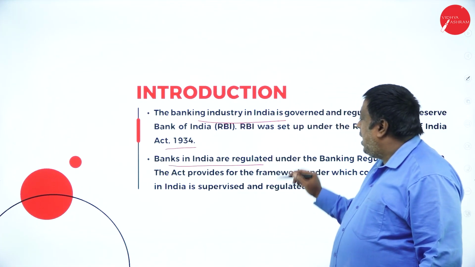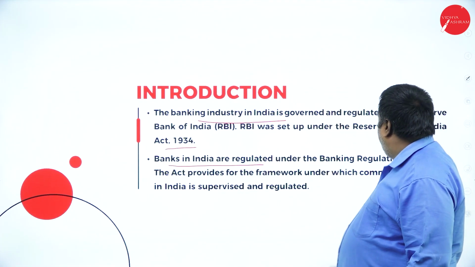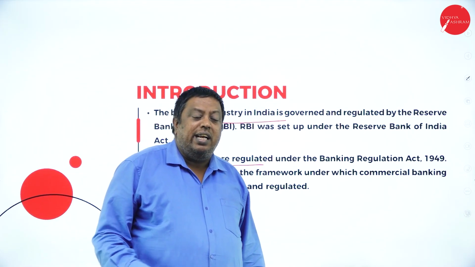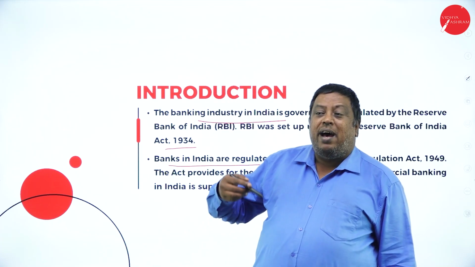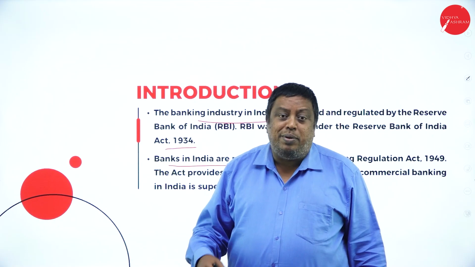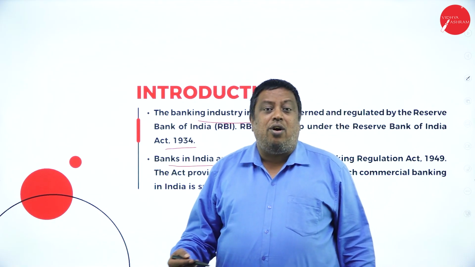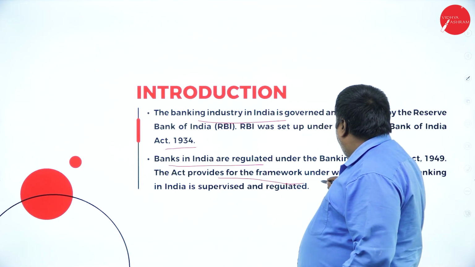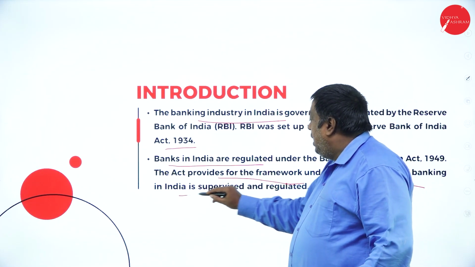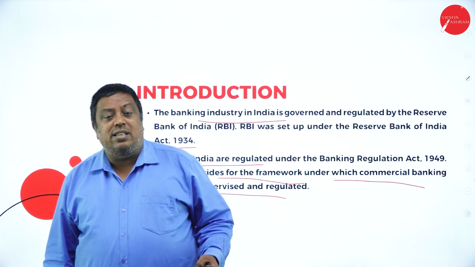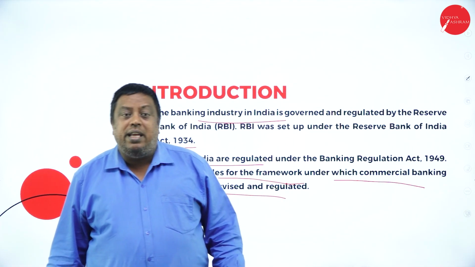All the banks in our country are regulated as per the Banking Regulation Act of 1949, which guides how a bank should be formed and what the duties, responsibilities and rights of the bank are. Every concept is discussed in the Act. The Act provides the framework under which commercial banking in India is supervised and regulated, saying how it is supervised, managed and controlled.